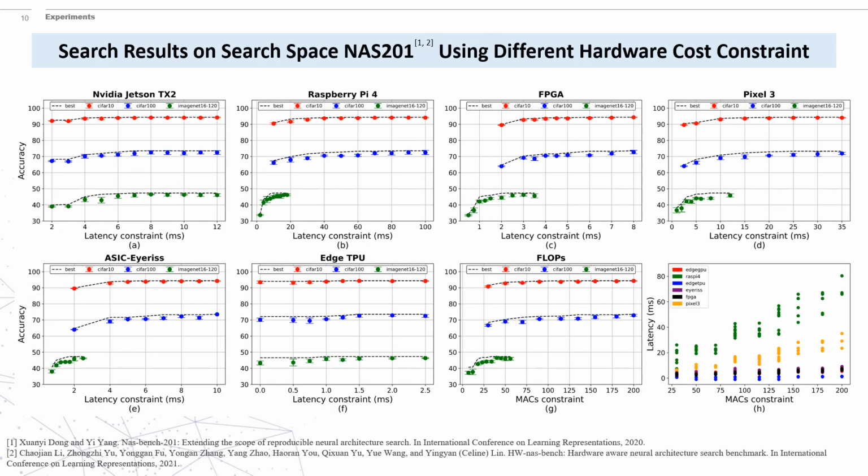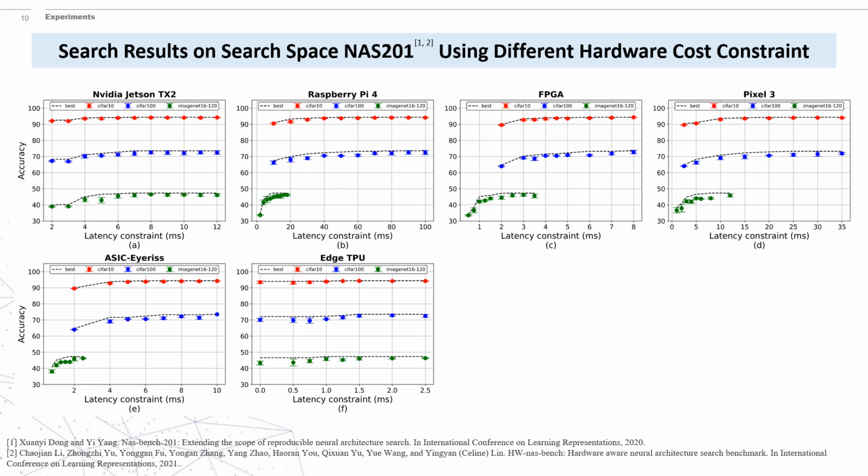We first performed the architecture search on the search space called NAS201 using different hardware cost constraints. The search space constitutes finding the best set of operations between different nodes for the classification task. Here we present the results of the architecture search for 6 different edge devices using hardware latency as the hardware cost metric.